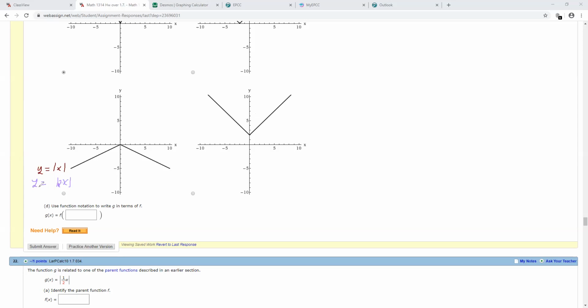So instead of, this is how it's written, which is what they gave us. And another way to write it is this.